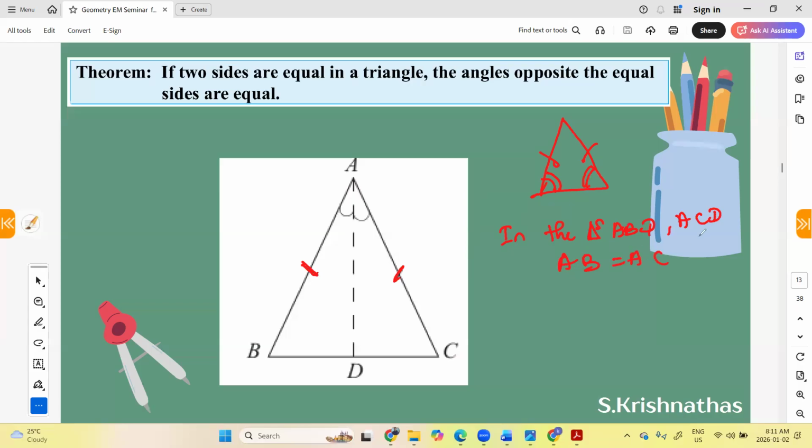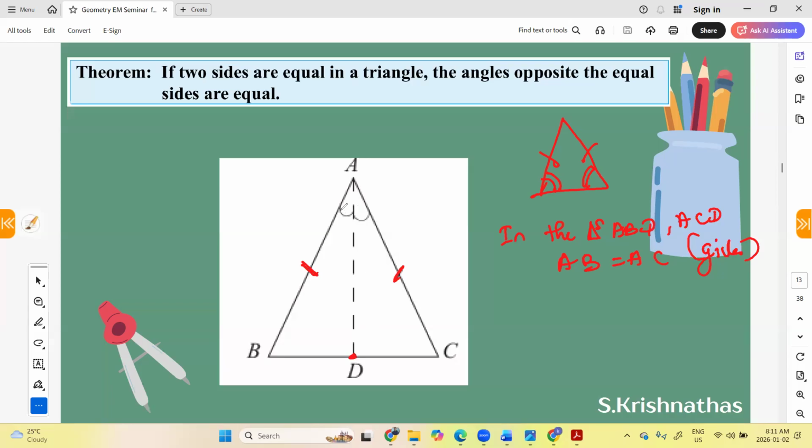That is given. Then, students, the construction: the angular bisector of BAC meets BC at D. One more time, construction: construct the angular bisector of BAC that meets BC at D.